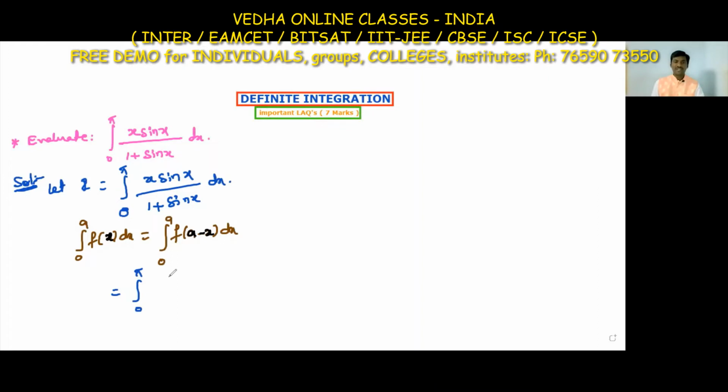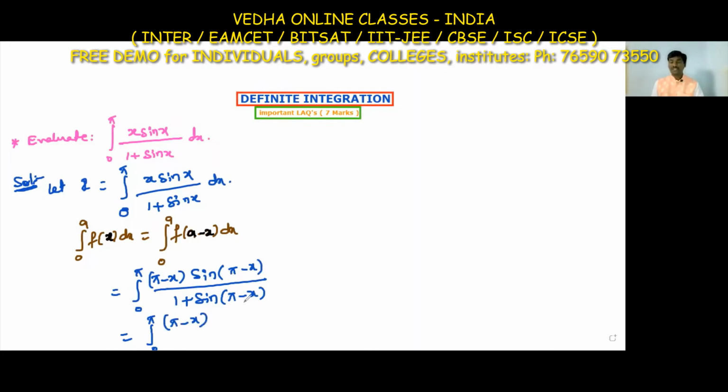That means we write pi minus x here, and sine of x means sine of pi minus x, divided by 1 plus sine of pi minus x. Now this is equal to integral of 0 to pi, I am writing pi minus x as it is.